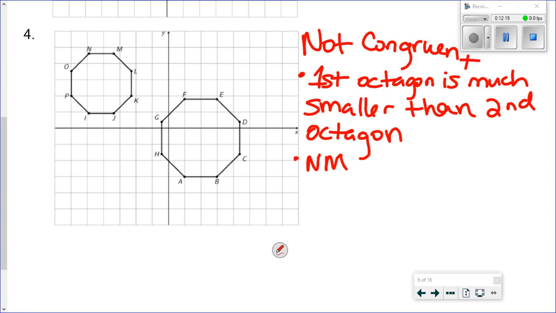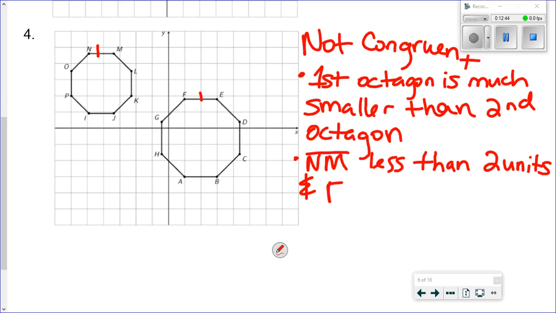If I compare NM on the smaller octagon, I can see that that segment is just under 2 units long. If I find the corresponding side to it on the larger octagon, which would be FE, I would say that FE is exactly 2 units long.